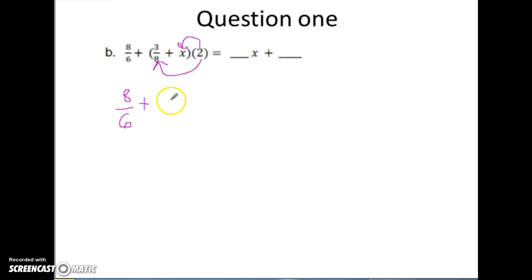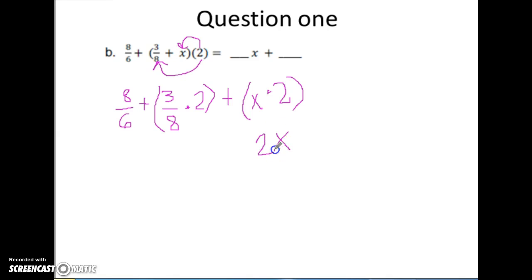So I have 3/8 times 2, I'm distributing that 2 there, plus x times 2, which could be just written as 2x.